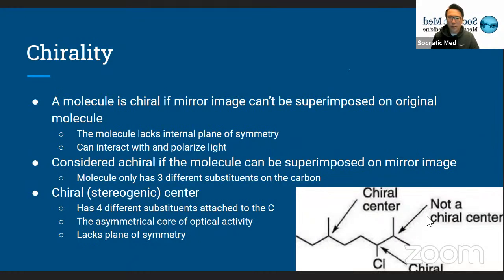So it would only have 3 different substituents, which wouldn't make it a chiral center because it needs 4 different groups. So any molecule with at least 1 chiral center can be considered chiral if it also doesn't have a plane of symmetry.